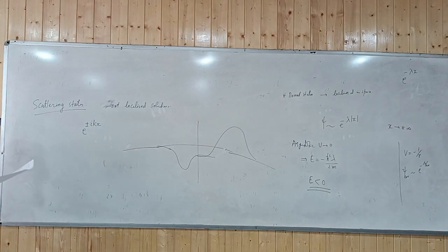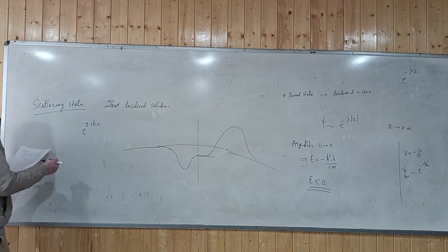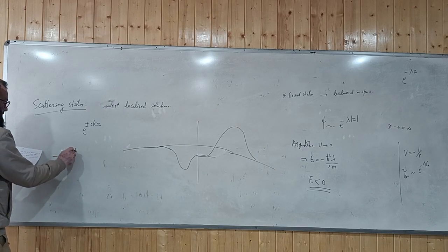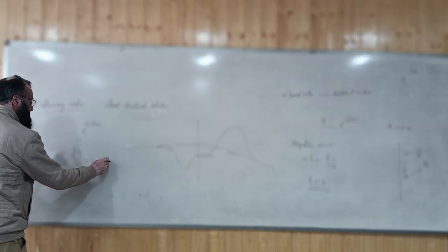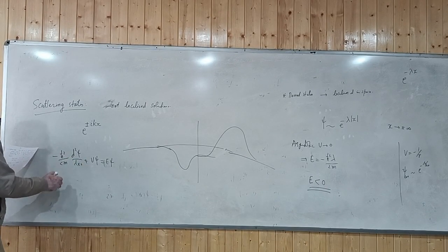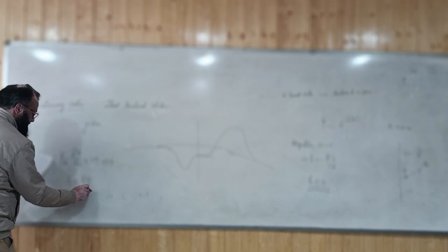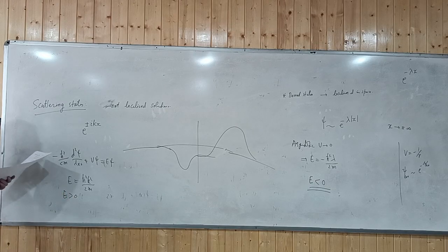Let's put it in the Schrodinger equation: minus h square by 2m d2 psi by dx2 plus V psi is equal to E psi. Since V goes to 0 in the asymptotic limit, you just differentiate it. E will be simply equal to h square k square by 2m. So for these scattering states, energy is always positive.